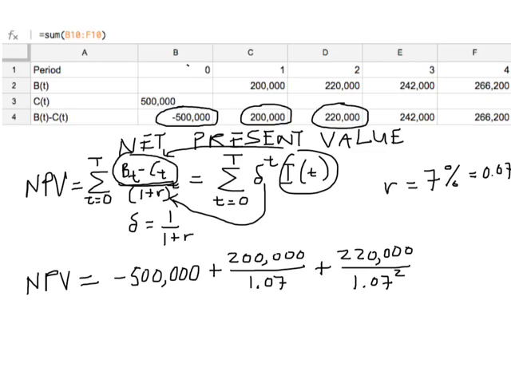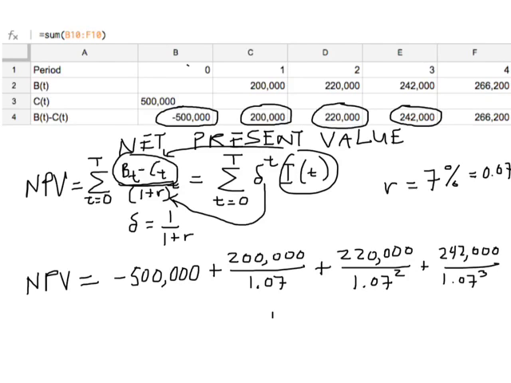And then 3 periods out, these could be decades or half decades or whatever, the third period value, undiscounted, is $242,000. I see I'm going to run out of room here. And then I would discount that by 1.07 to the third power, because that's coming 3 periods away.